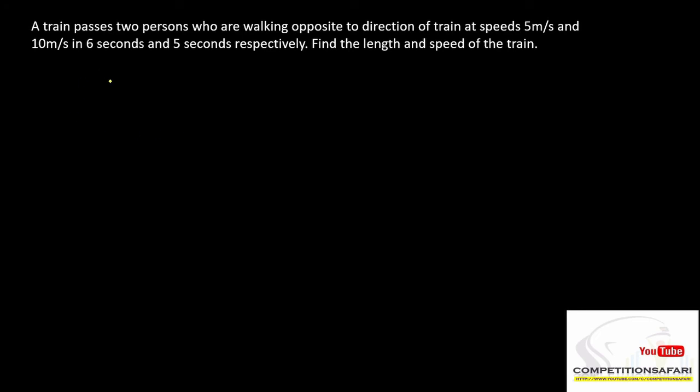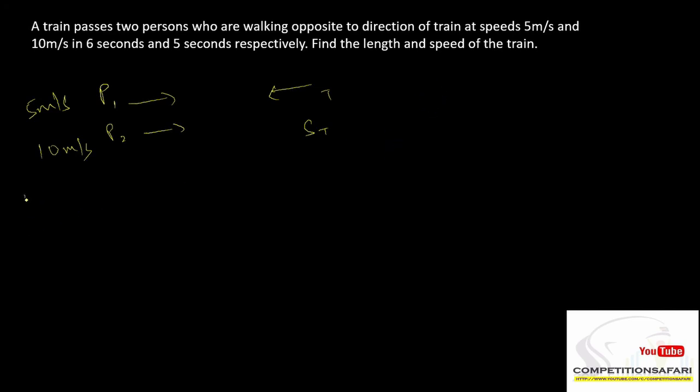So what's given here is we have two persons, person 1 and person 2, who are walking opposite to the train, and they have a speed of 5 meters per second and 10 meters per second. The speed of the train, which is not given, we have to find it. So let's collect all the data that is given here.